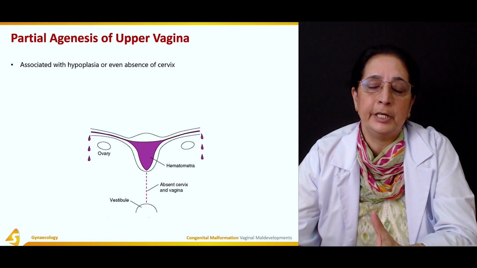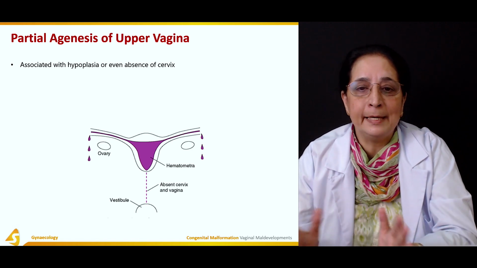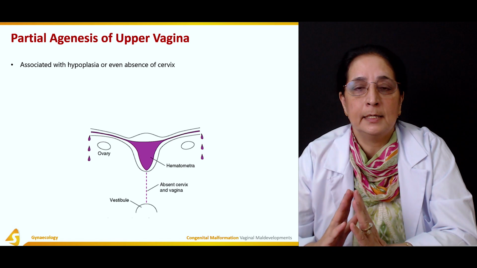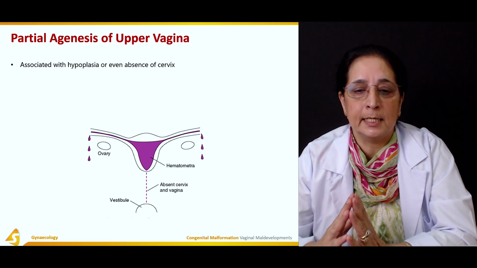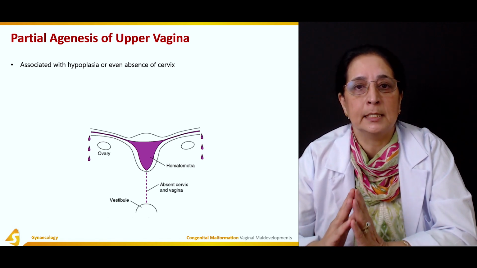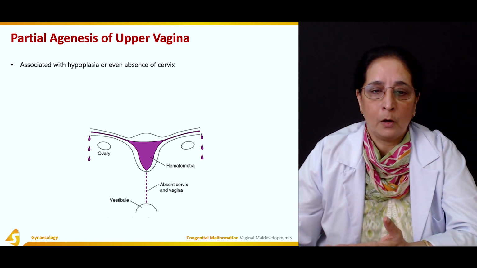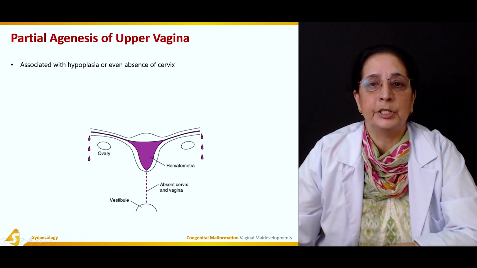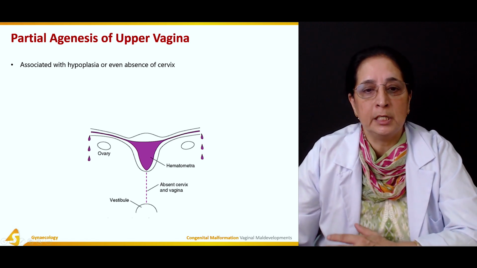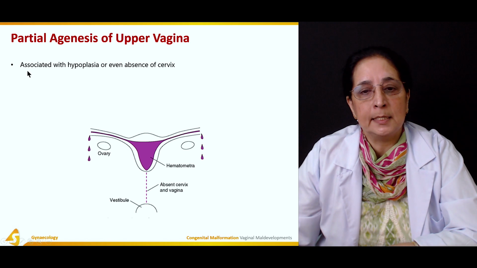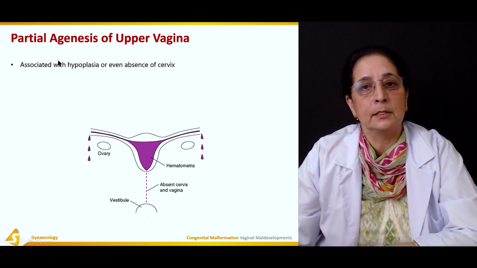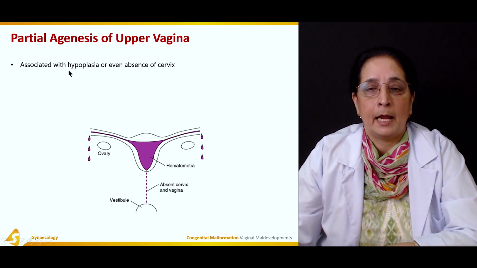Associated partial agenesis means it's not a complete absence, there is just the partial agenesis, and that agenesis is present in the upper part of the vagina. What leads to partial agenesis? It is associated with hypoplasia or even absence of the cervix.